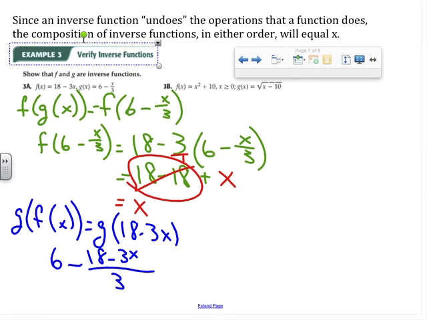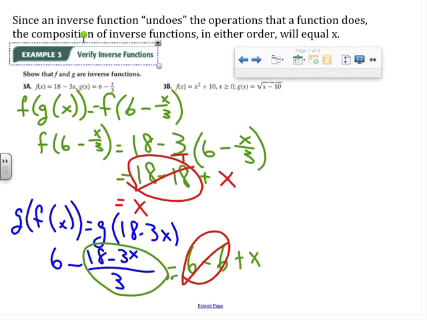Well, this whole fraction is reducible by 3, since all of the terms in the numerator are divisible by 3. So I can reduce this and get 6 minus, 18 divided by 3 is 6. Again, you can start to see things canceling out. Plus, because negative times negative is positive, and 3x over 3 is just 1x, or x. Again, this stuff cancels out, and it's just x.